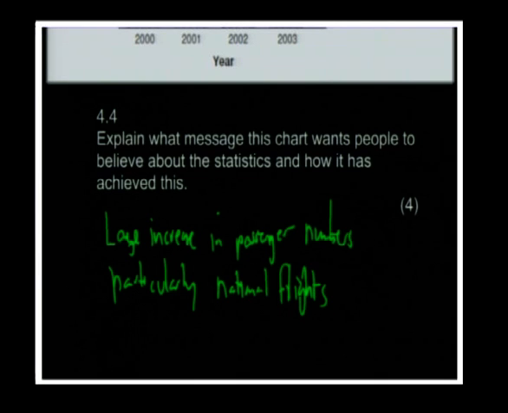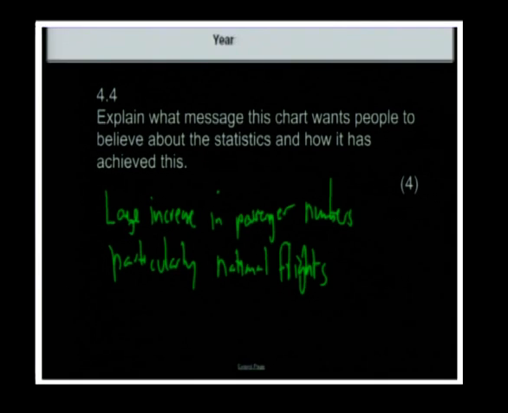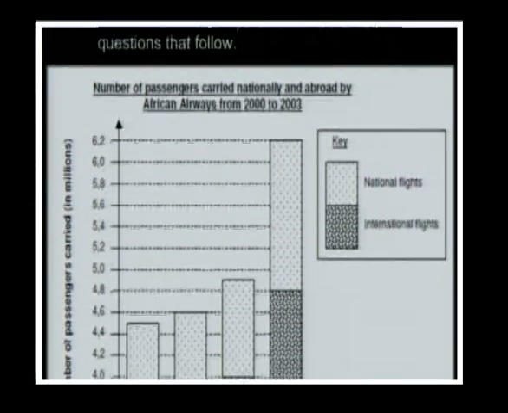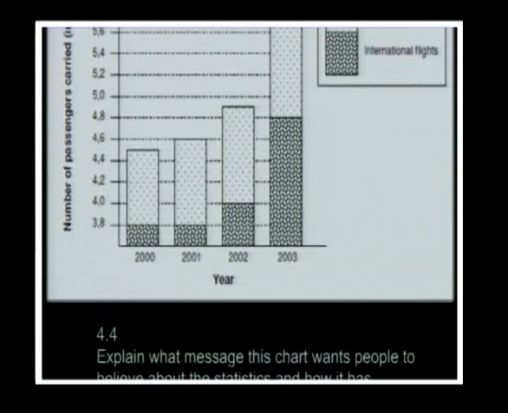Now, that's the easy part of the question. How have they actually achieved this? Let's give ourselves some space there again. Well, two things. They started the scale at 3.8, or just below 3.8 million. So what they've done is not start the scale at 0.